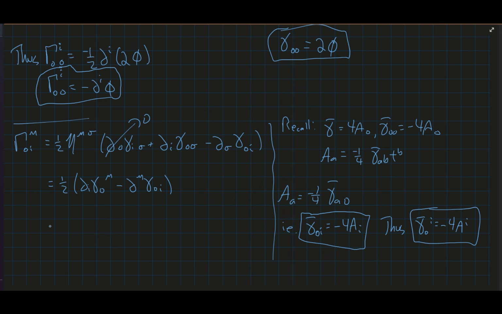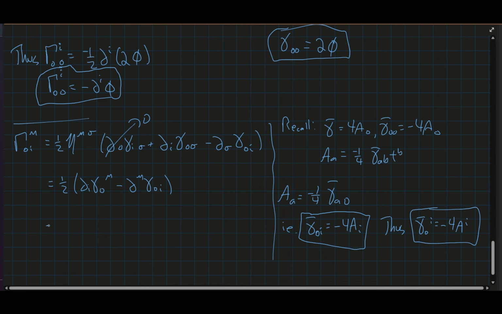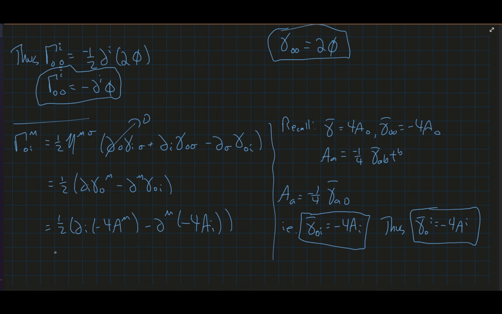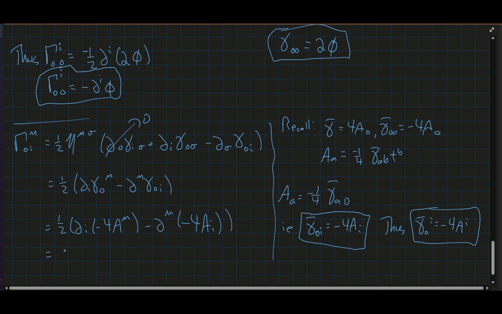Yeah, so with this we can say this equals 1/2 (delta_I minus 4A_mu) minus (delta_mu minus 4A_I). So we can pull those minus 4s out, and we get a 2 up front.